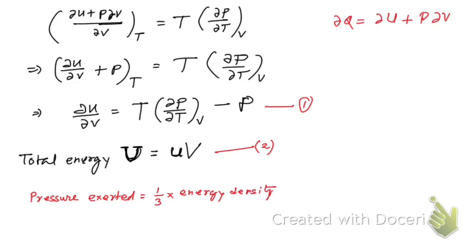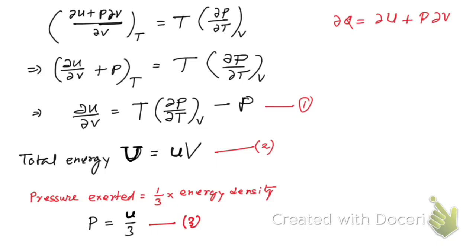That's why this pressure P is equal to 1 by 3 times u, that means u by 3. Don't write capital U here. This is energy density, not total energy. So let it be equation number 3.